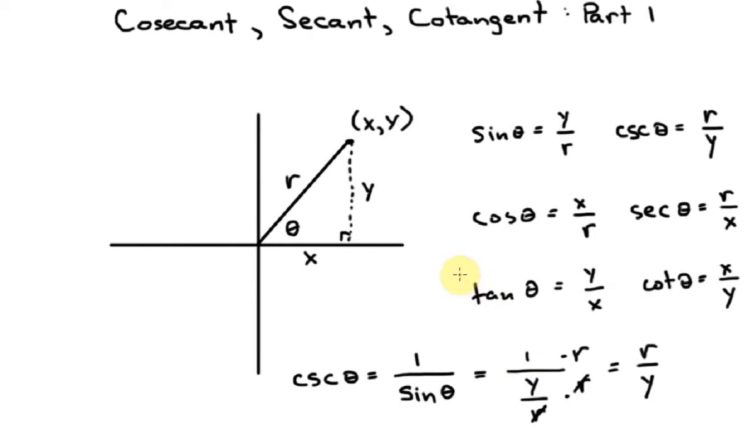Let me just show you what I mean. Suppose you had to figure out something like, let's use secant this time. Secant of 20 degrees. You just want to figure that out, and you have no secant button on your calculator. So what we can do is go, well, that's the same as 1 over the cosine of 20 degrees.